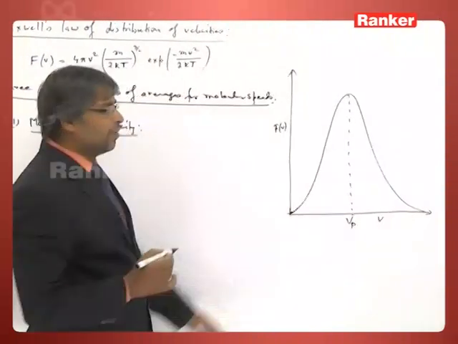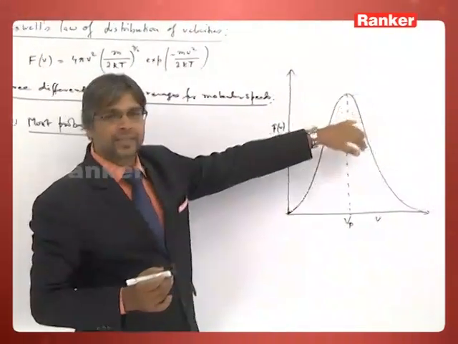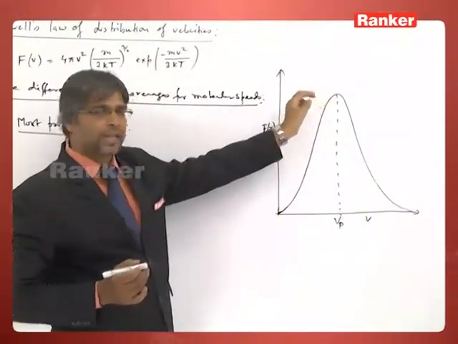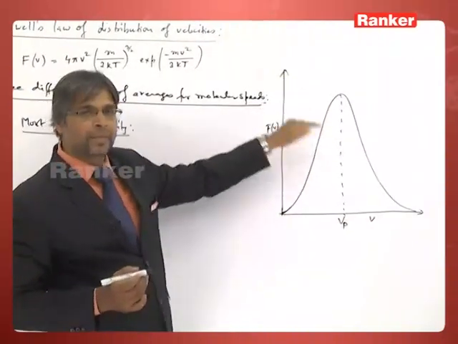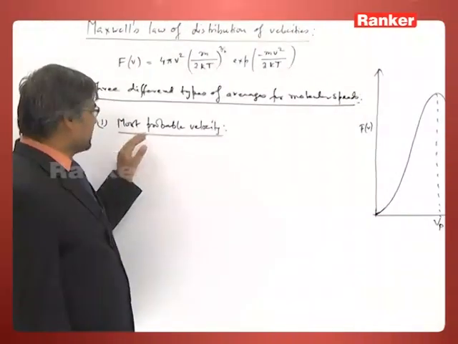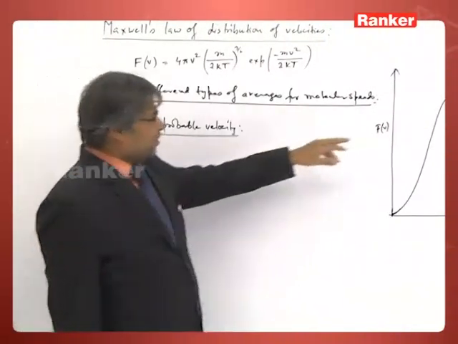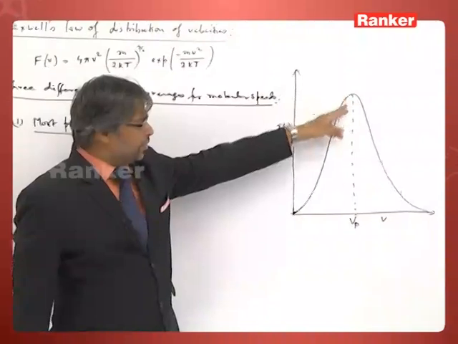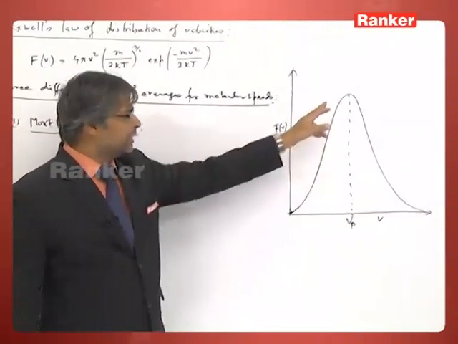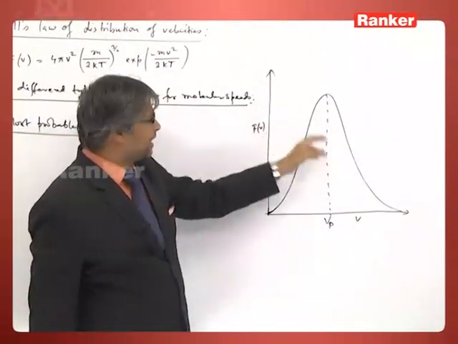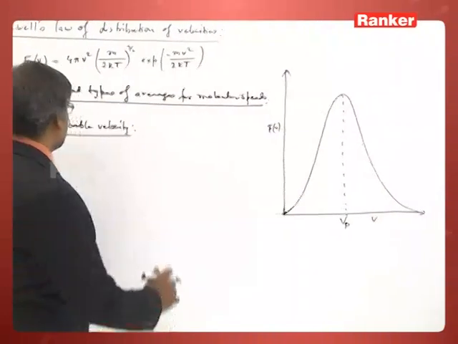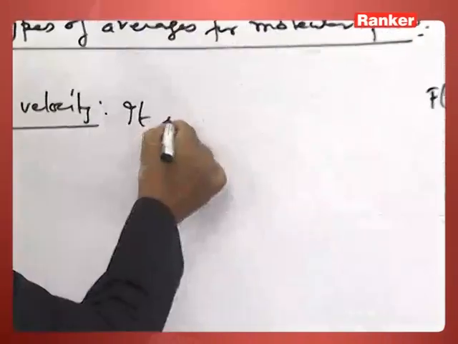So it is the velocity where the probability is the maximum, that is the derivative here vanishes, the probability density is the maximum. It is the velocity which is favored by most number of molecules.